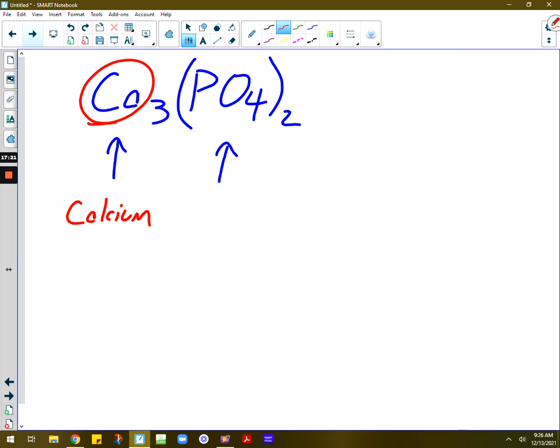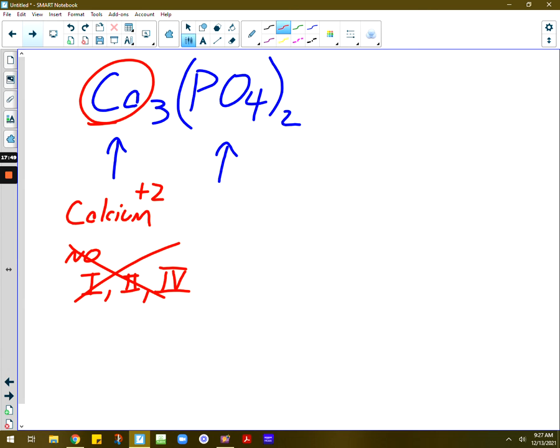On my blue chart, the only place it shows up is in the +2. It does not have Roman numerals, so there's no little 1 or 2 or 4 or any of that jazz. So I know its charge is going to be +2. I don't have to go hunt for it.